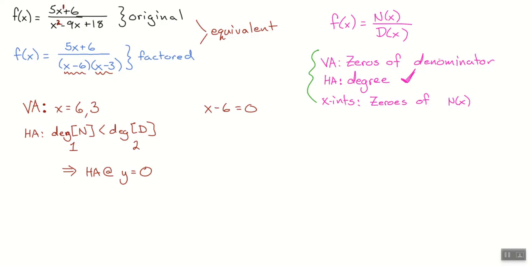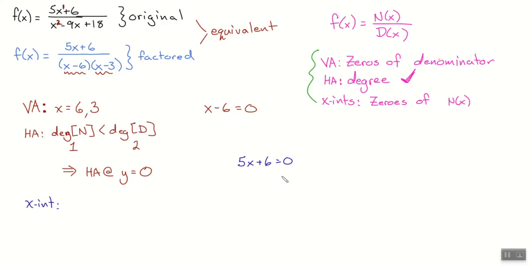We need the x-intercepts, and that feels blue to me. So let's do that. The x-intercepts happen when which part is 0? The top, the numerator. If you set the numerator equal to 0, what do you get for x?